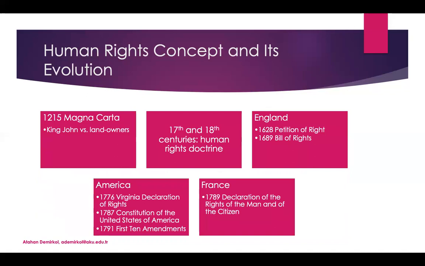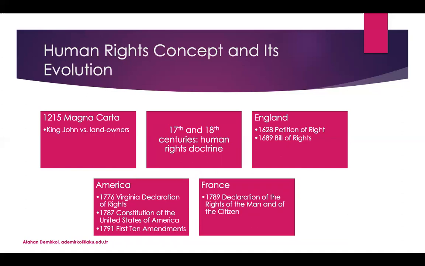When we look through the human rights concept and its evolution, we see some documents. We cannot say international treaties for that time, but we see some treaties, agreements like bills, declarations, and constitutions. First we see Magna Carta, which was between King John and landowners.